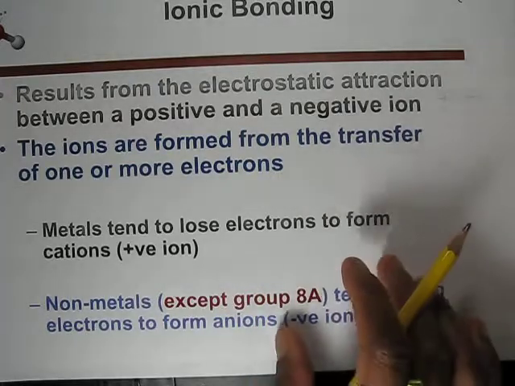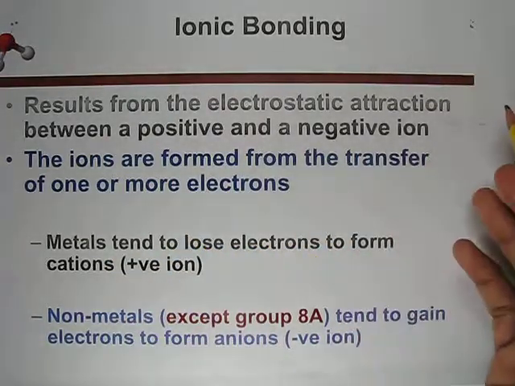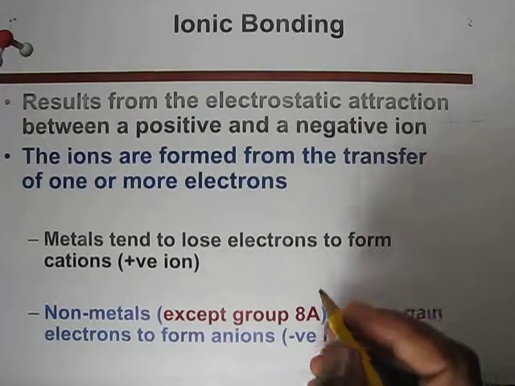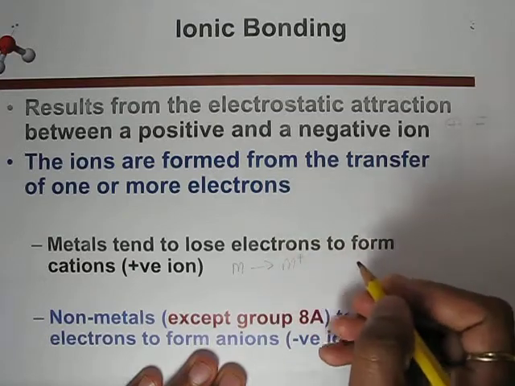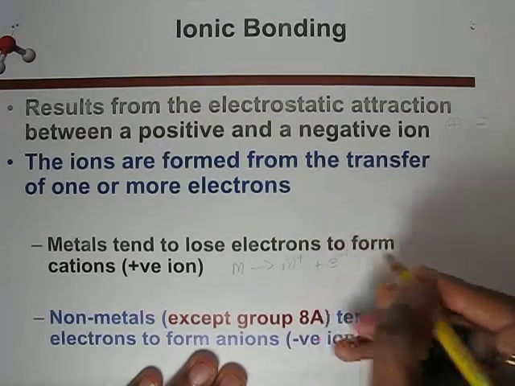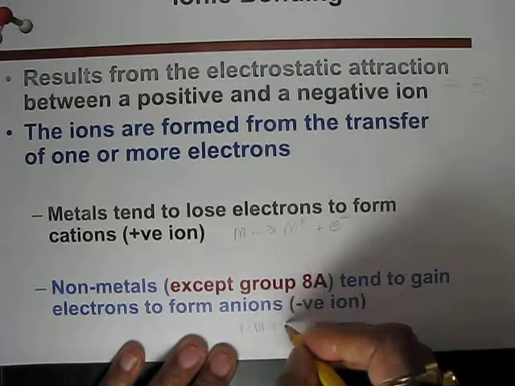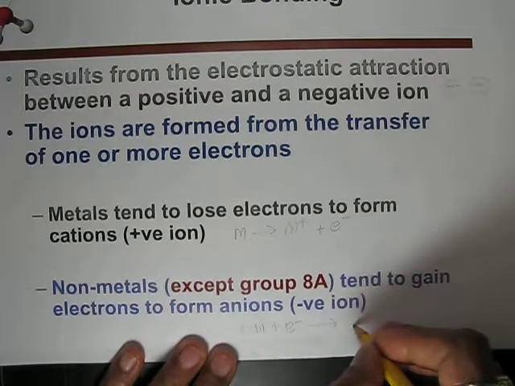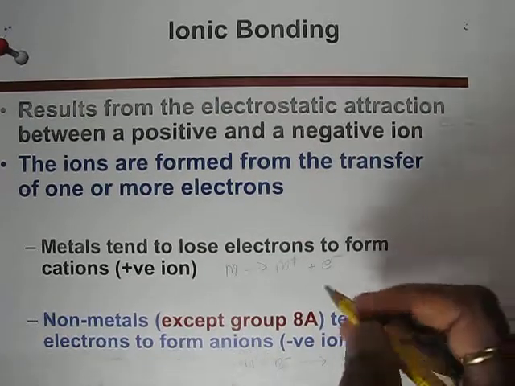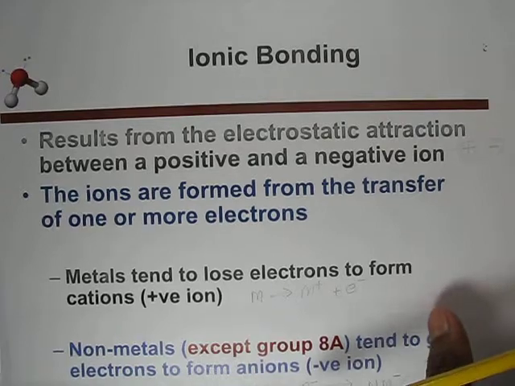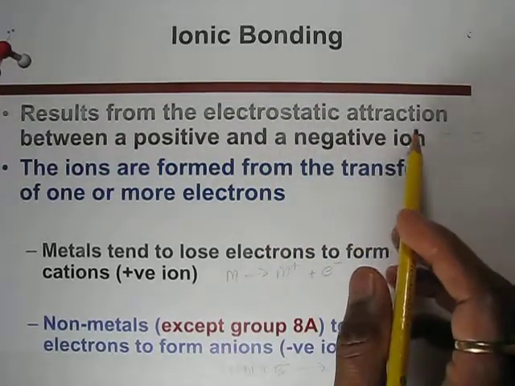ions. Metals, which are on the left-hand side of the periodic table, have a tendency to lose electrons to make positive ions. So a metal always loses an electron to make a positive ion plus e minus, and a non-metal gains an electron, e minus, to become a negative ion, which is called an anion. These are ionic compounds, and the ions are held to each other by electrostatic attraction.